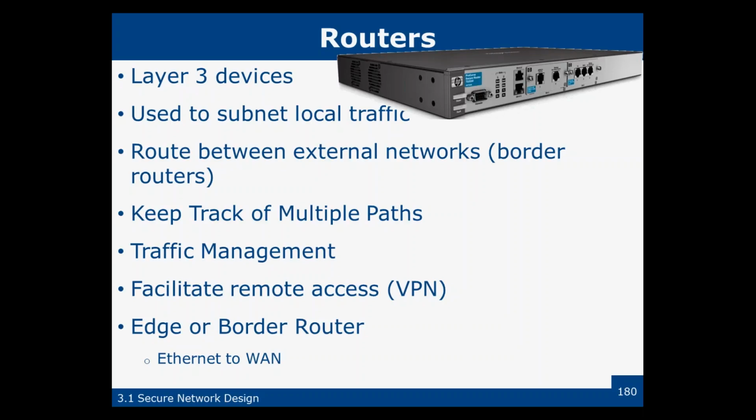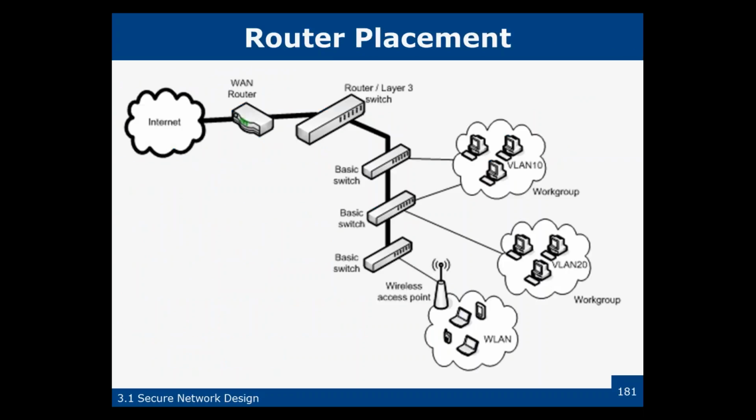You can generally create a VPN on a router. An edge or a border router does protocol conversion, converts our Ethernet to whatever our WAN protocol is. So they're very flexible devices that help keep the network secure and get the traffic to the correct location.